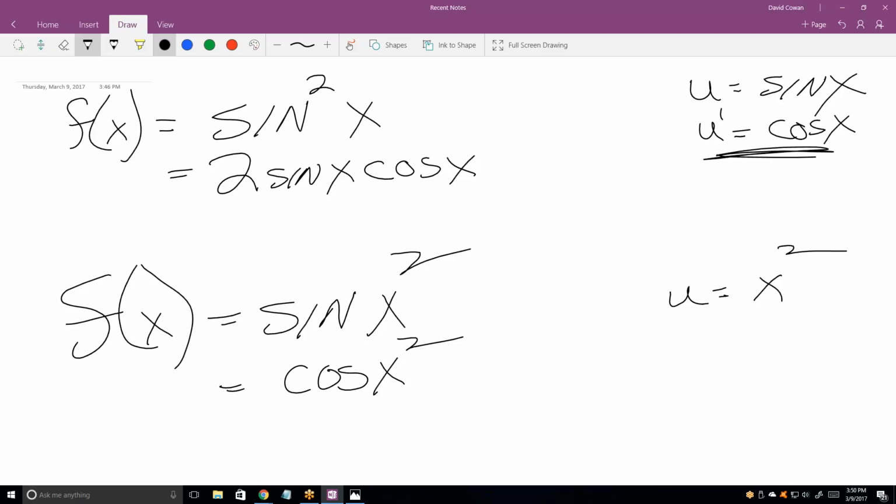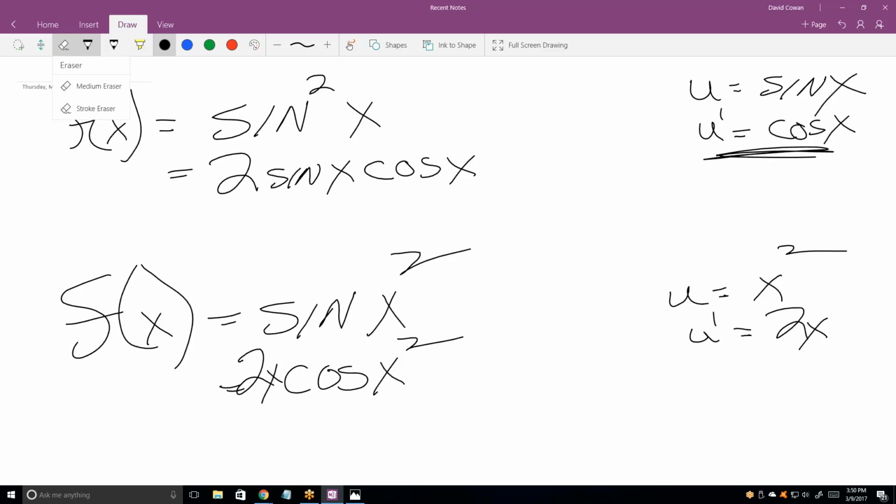And now what's the derivative of the inside? What is u prime? 2x. So I'm going to multiply this thing by 2x, and I'm going to put it in front, just because when you have trig functions and polynomials, if you put the polynomial in front, it's less confusing.